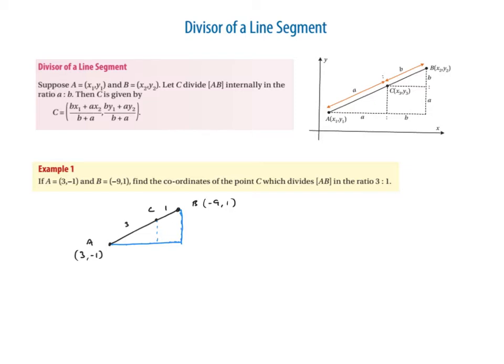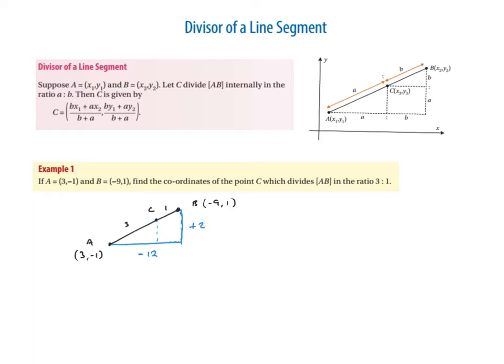We're going from 3 to minus 9, so we're going down 12. This total distance in the blue is minus 12. In the y direction, from A to B, we are going from minus 1 to 1, so we're going up 2. That becomes plus 2.